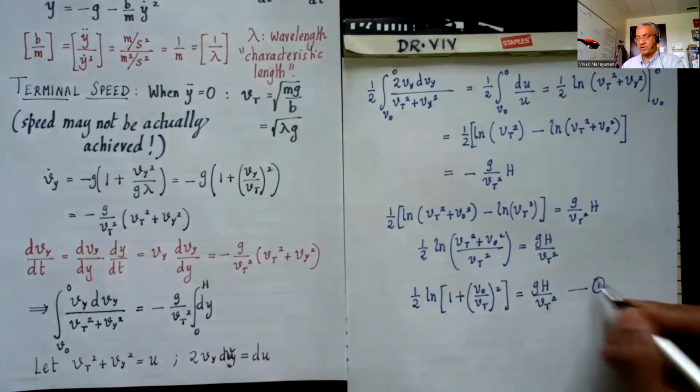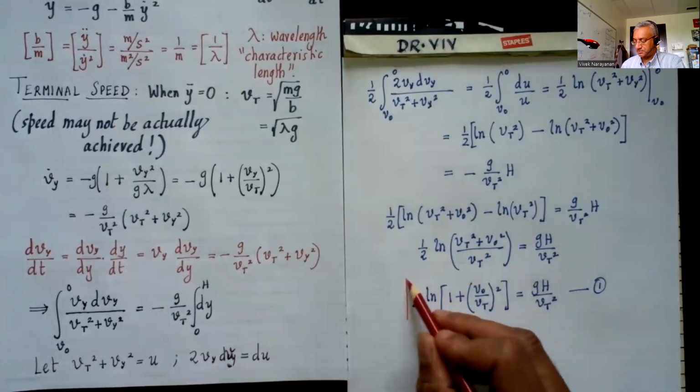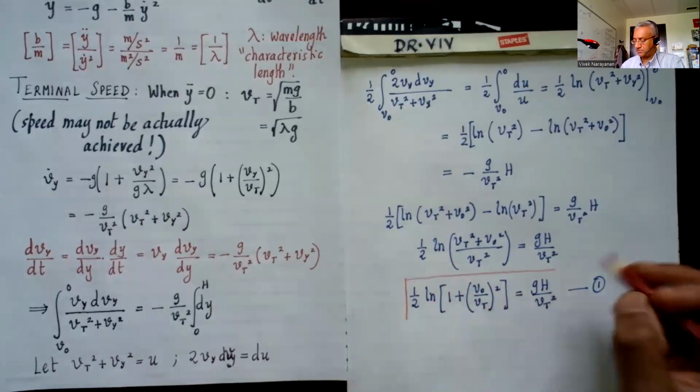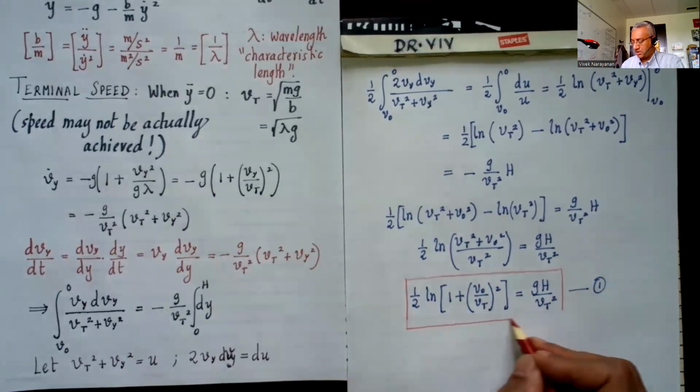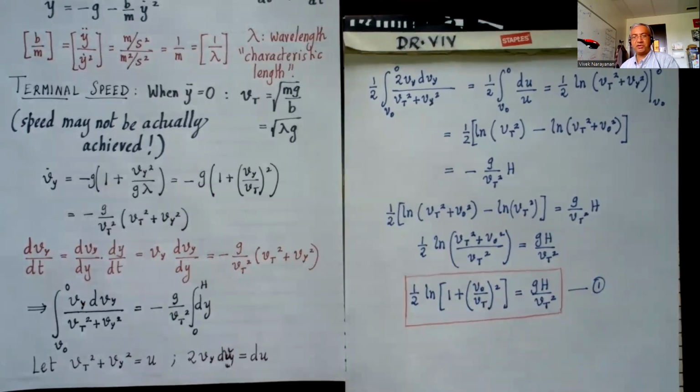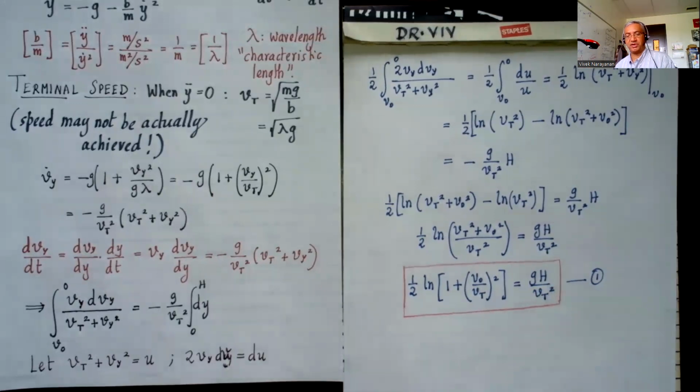So that's what we get on the way up. It's worth boxing. What is it? Well, you can think of it as an expression for the height reached. It's a pretty decent object to determine in a problem like this. You can actually predict how high the ball will reach, and you can do an experiment.